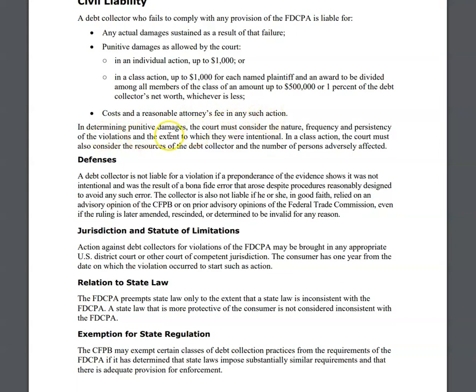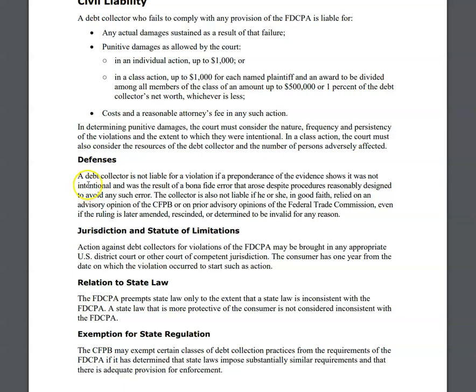In determining punitive damages, the court may consider the nature, frequency, and persistency of the violation and the extent to which they were intentional. In a class action, the court must also consider the resources of the debt collector and the number of persons adversely affected.